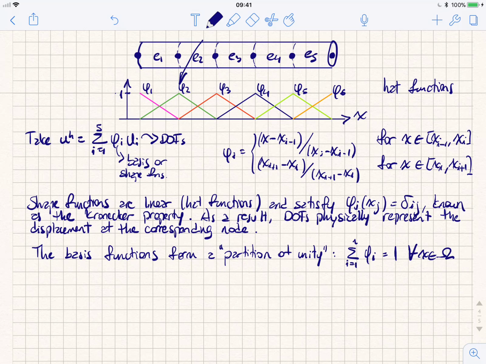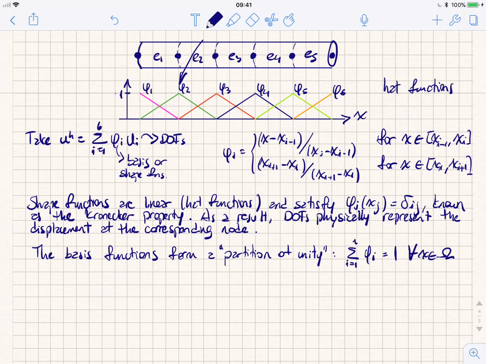Okay, so now that we have the basis functions, the approximate solution you get, is it summation from 1 to 5 or 1 to 6? Indeed. Thank you so much. The second line is the definition of phi I. X I plus 1 minus x divided by x I plus 1 minus x I, so it's 1.